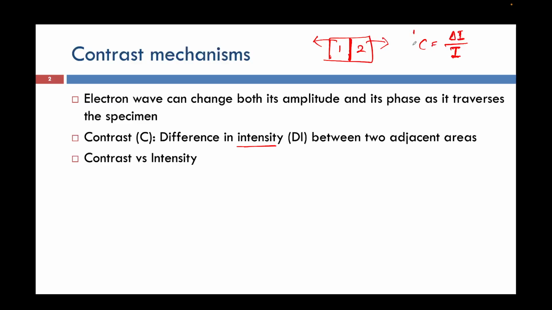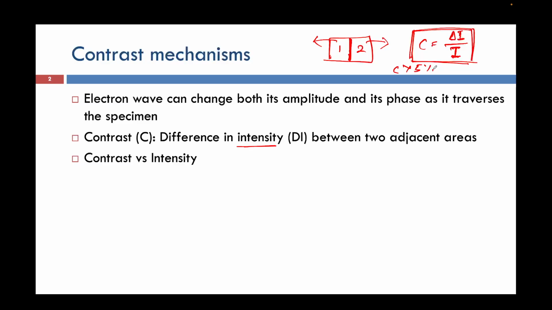Okay, so this is the formula for contrast. Ideally, we say that the contrast should be greater than 10%. The theoretical limit is that if the contrast value is greater than 5%, then we will be able to interpret our image as to whether the contrast is strong or weak.